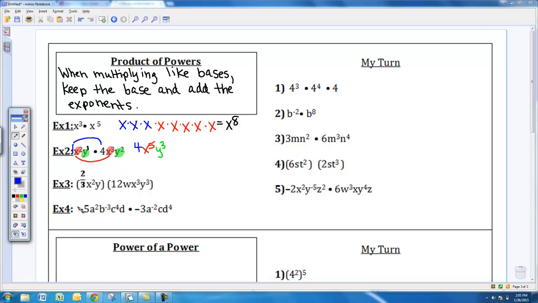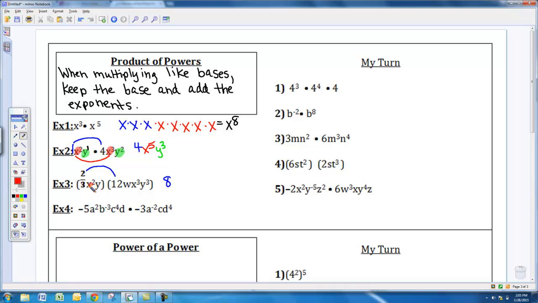So as we did in example 2, we're going to start by multiplying our coefficients. 2/3 of 12. Well, 1/3 of 12 would be 4, so 2/3 of 12 must be 8. Now we're going to identify some other like bases. We have x squared and we have x cubed.